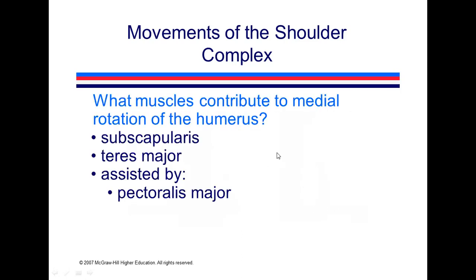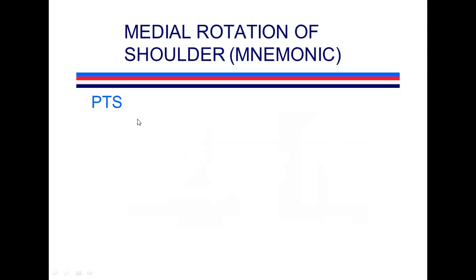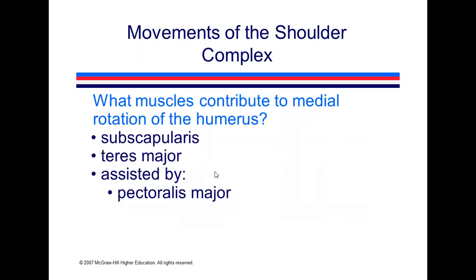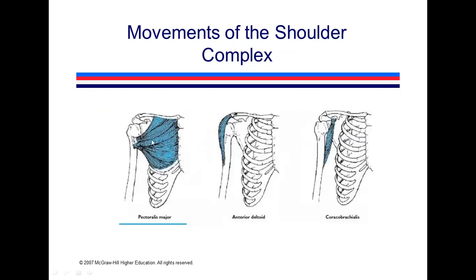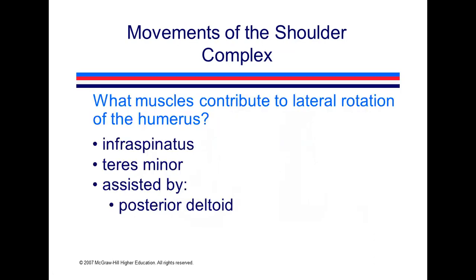Okay, now the muscles that are involved in medial rotation of humerus are subscapularis and teres major, and the mnemonic to remember is PTS. P for pectoralis major, T for teres major, S for subscapularis. And you can see these muscles, this, and coracobrachialis also assists in this movement.